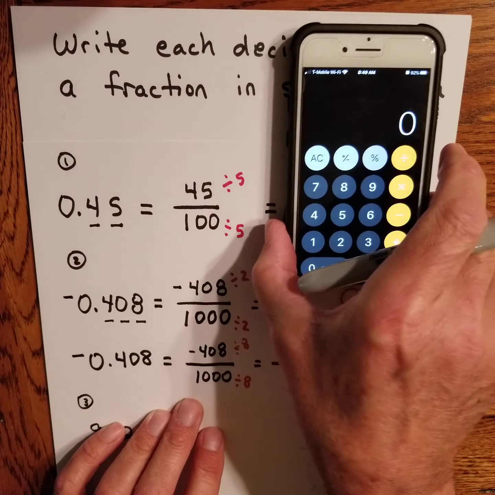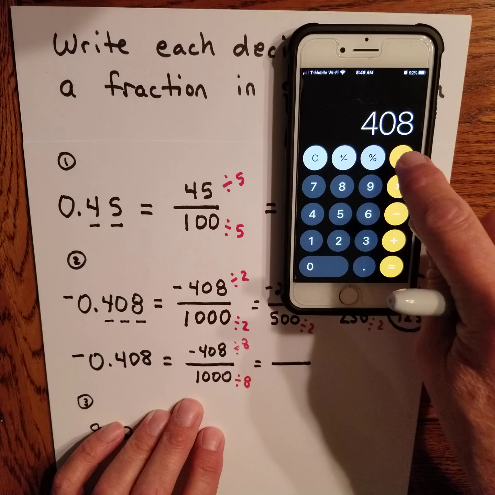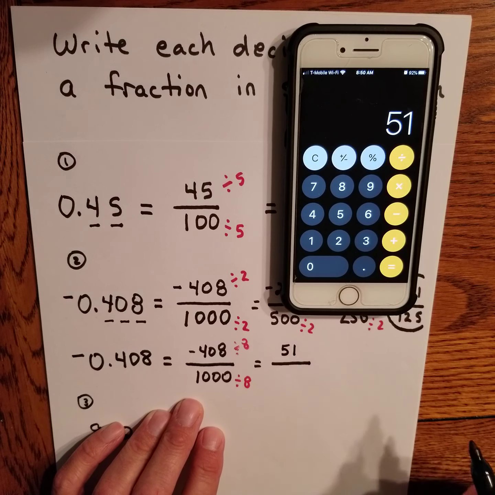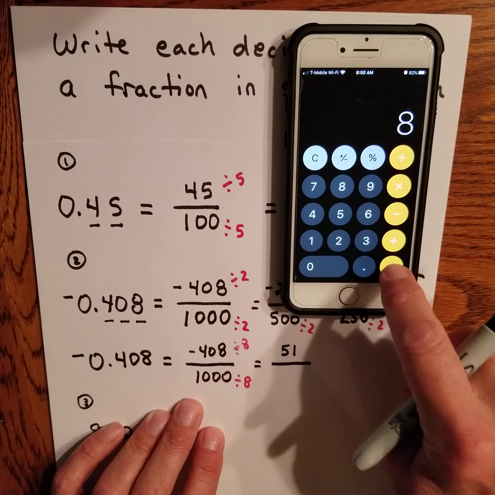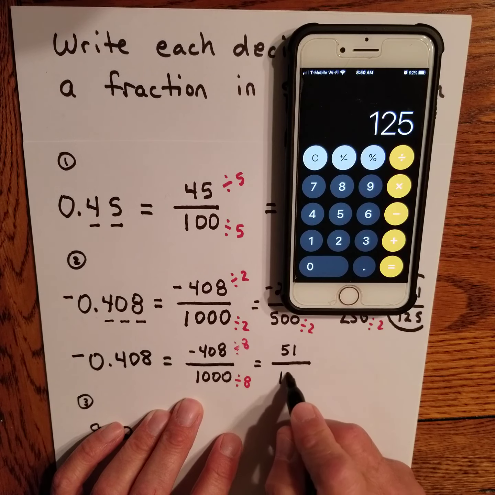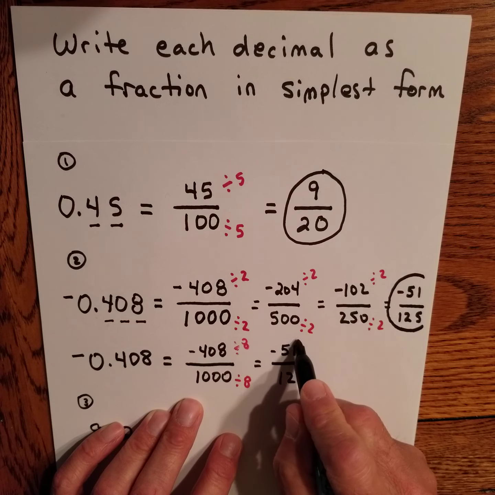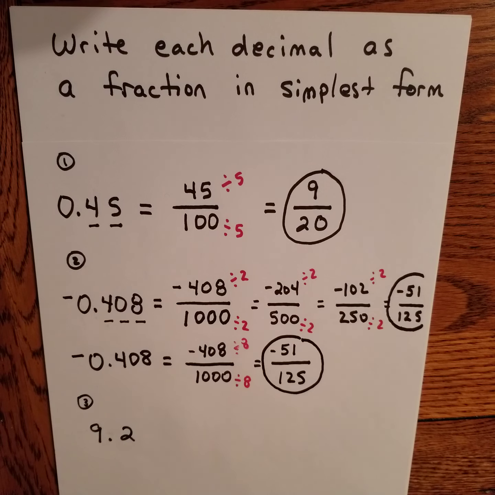In the top, I need 408 divided by 8, and in the bottom, 1000 divided by 8. I get the same answer of negative 51 over 125, but I got it in one step. I'll take your work either way.